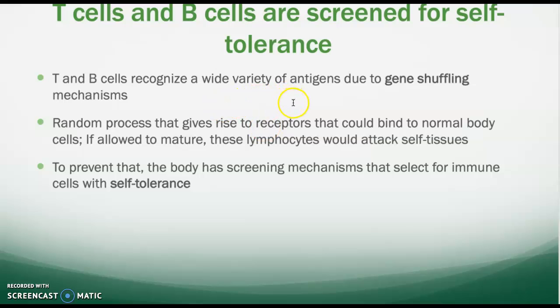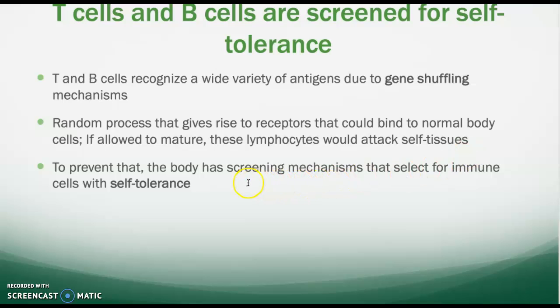One of the things, though, that we have to look out for is that because it can make a receptor for basically any shape, we have to make sure that if a T or B cell has a receptor that would bind to a normal body cell, so maybe a muscle cell or skin cell, we have to get rid of those. We don't want ones in our library that recognize our tissue, or we're going to have an immune response to our tissue.